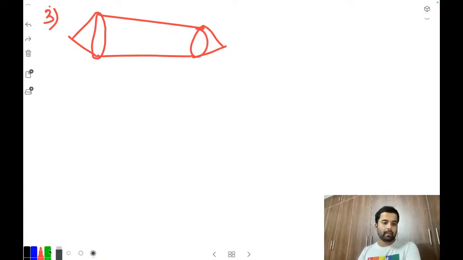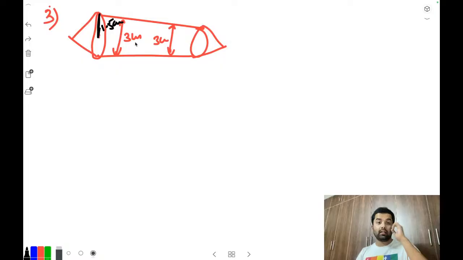You have a cone and cylinder. 3 centimeter is the total one, which means the diameter is 3 centimeter, so the radius becomes 1.5 centimeter. 1.5 here also.